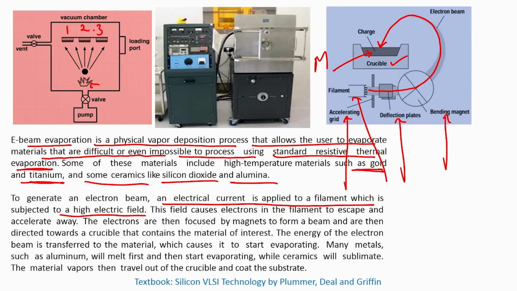Here what will happen? The electron beam will sweep, or it will have a single point, right, or it will have a triangular sweep, and this is how it will sweep the material, it will heat the material and the material gets deposited.